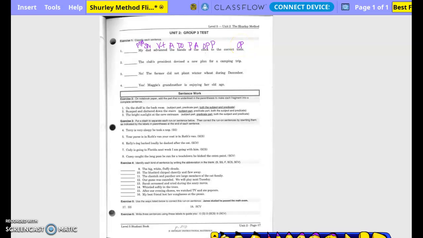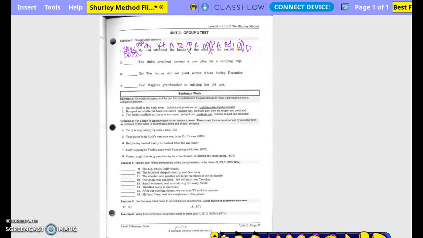Okay, what time? The pattern. Okay, and then of the clock. Prepositional phrase. To the correct time. Period.